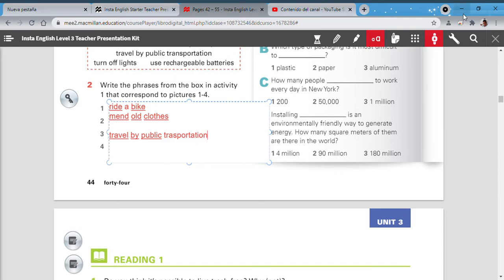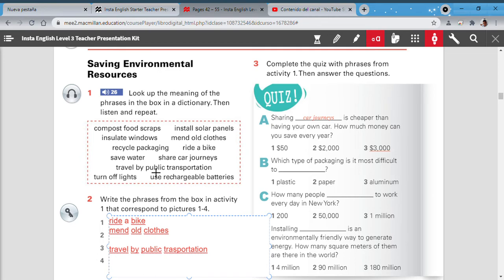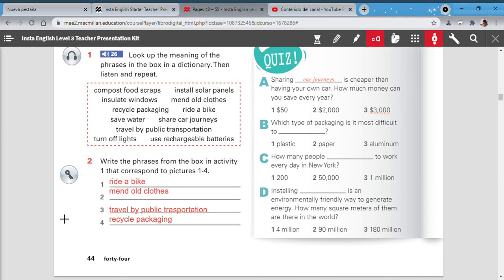And the last one, remember? Recycle packaging, no? Recycle packaging. What is that? Packaging. So these are the answers, no? Ride a bike, men all clothes, travel by public transportation, recycle packaging.